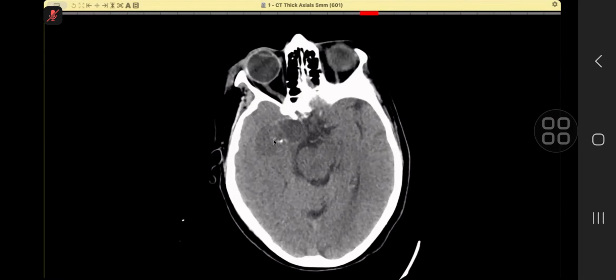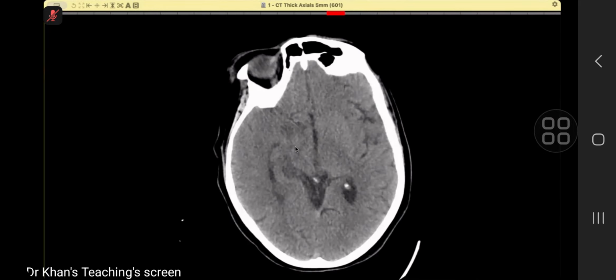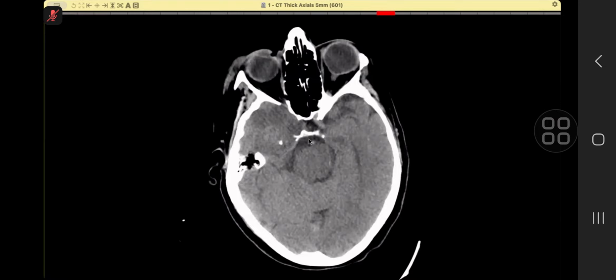There is surrounding mass effect in the underlying temporal lobe. It is in close proximity to the right middle cerebral artery, and also there is involvement of the right-sided cavernous sinus.